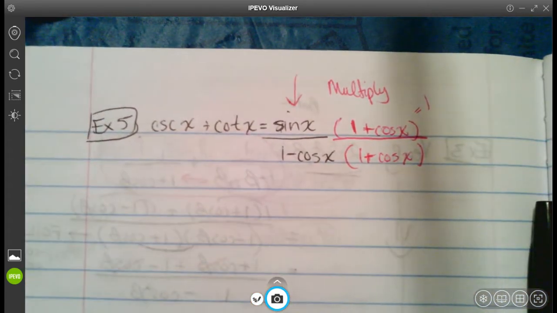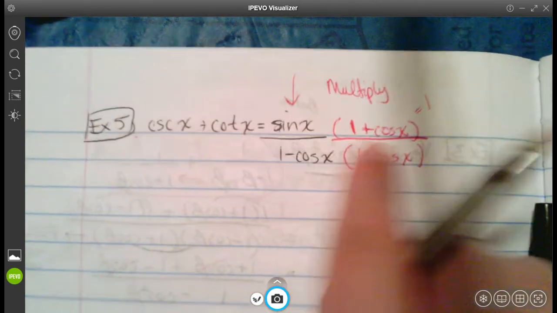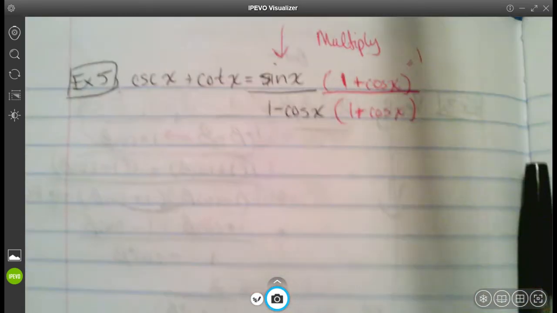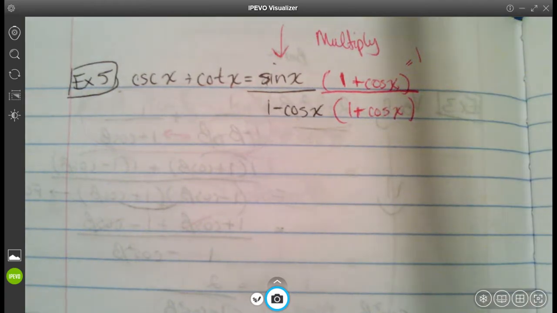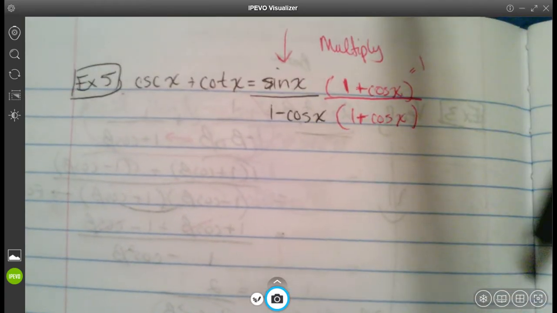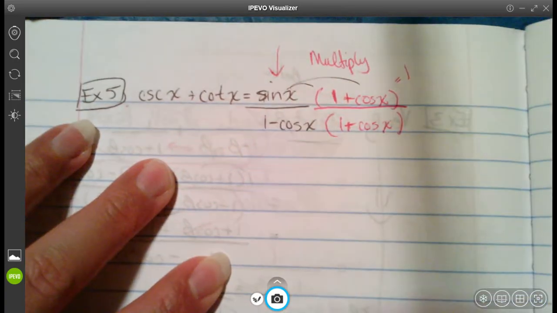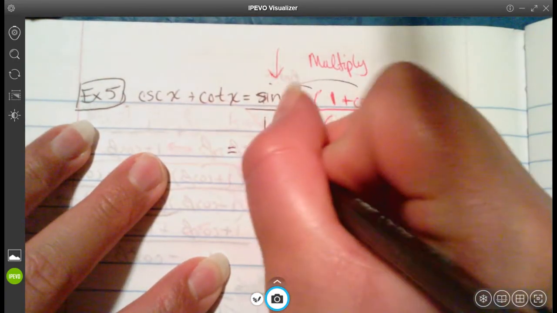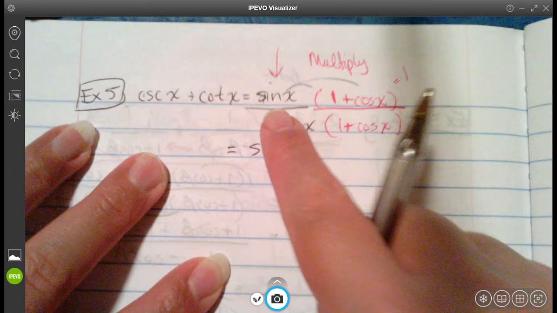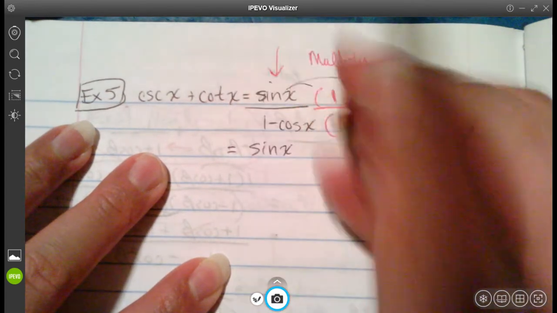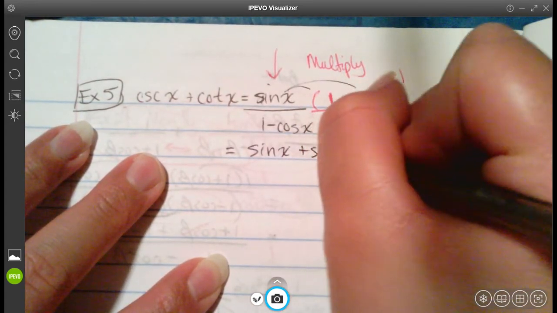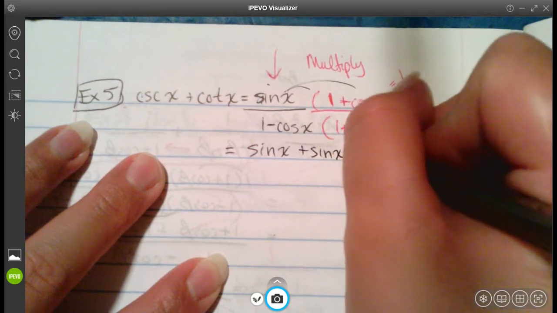So we're going to multiply this times this and this times this, and see what happens. If I multiply the numerator by all of this, you have to distribute. So you would have sine of x, because sine of x times 1 is still sine of x, plus sine of x times cosine of x.